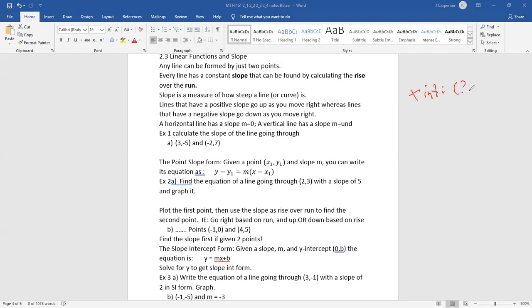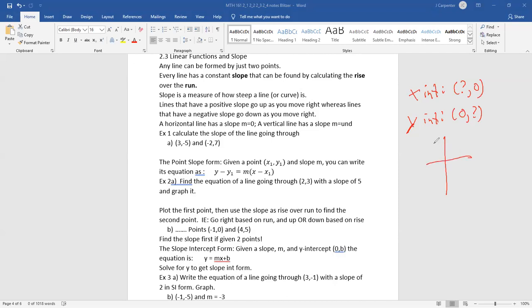So I'm just going to write a little question mark. And then y-intercepts are always 0 comma something. And the question marks are just saying it's a number. An x-intercept always has a y value of 0 because its height has to be 0 to cross the x-axis. A y-intercept always has an x value of 0 because in order to cross the y-axis, you have to go left or right 0.